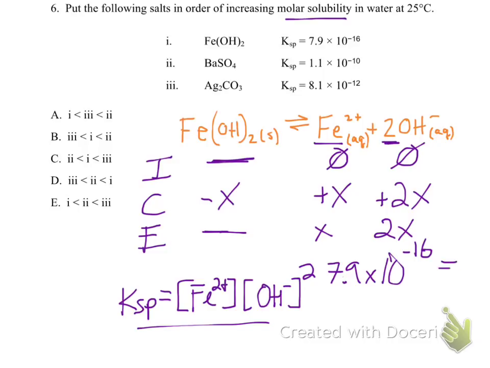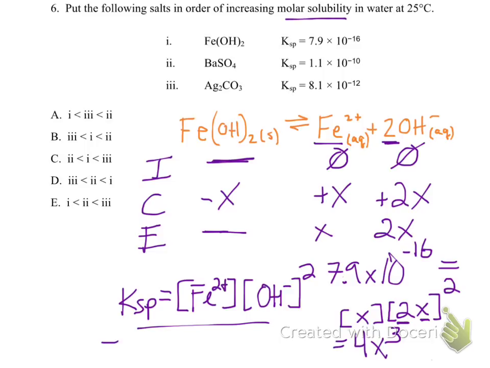And that's going to be equal to, let's see, iron is x, hydroxide is 2x, and we need to square that. So when it's all said and done, remember we need to square the 2 and the x, so that becomes 4x squared times x, which means this equals 4x cubed.